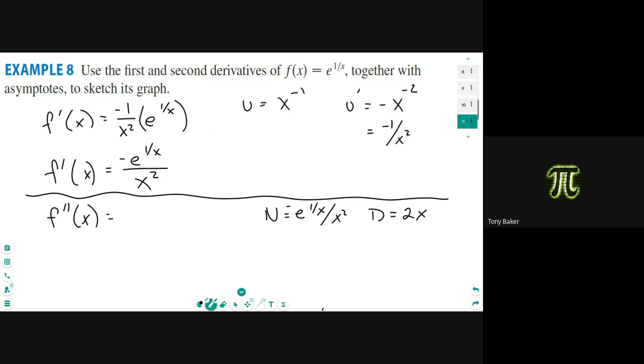So we have numerator. I'm just gonna write that as x negative 2. I need more room. Hold on.